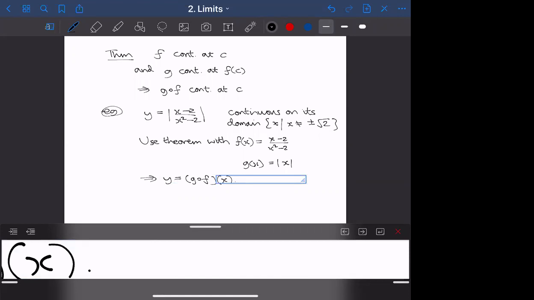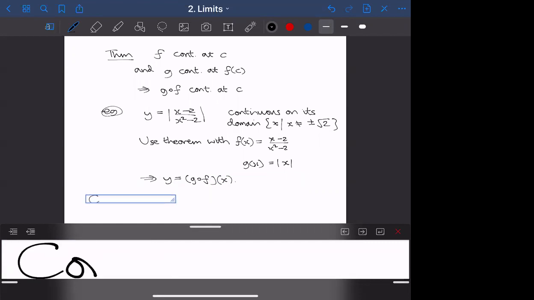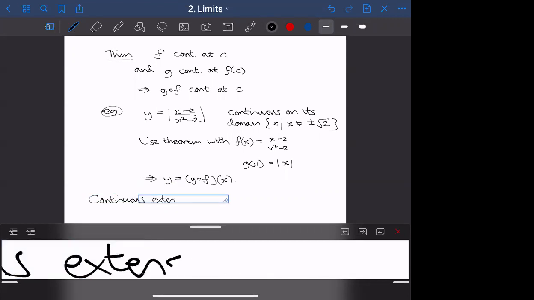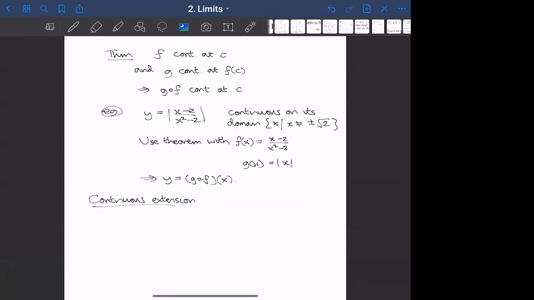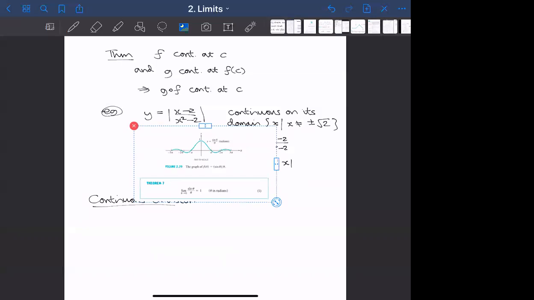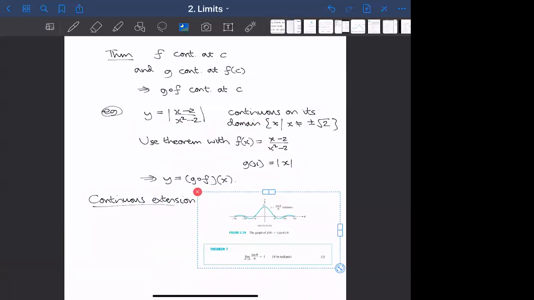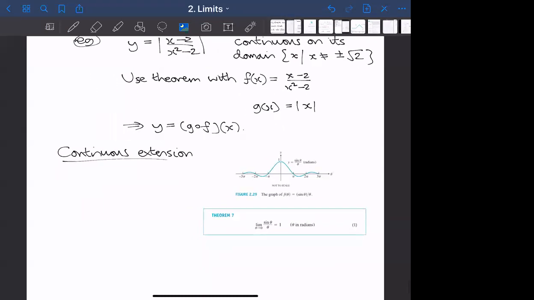Okay, so 2 more minutes. I'll just finish with the idea of continuous extension. So this concludes our discussion of the function, where is it? Yes. Sine theta over theta. So here's a graph of the function sine theta over theta.